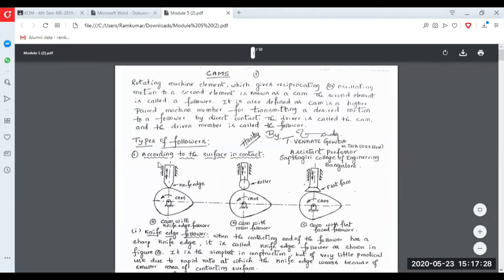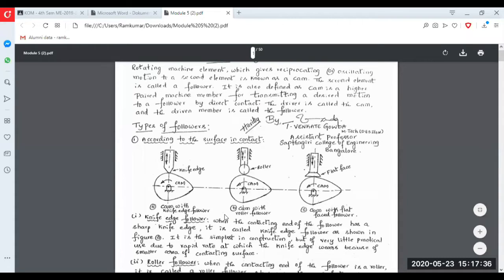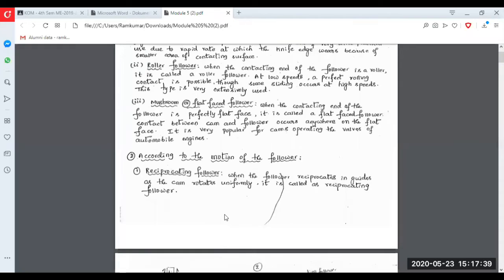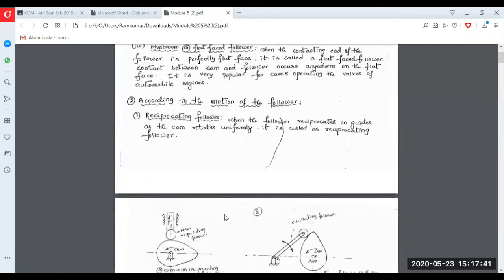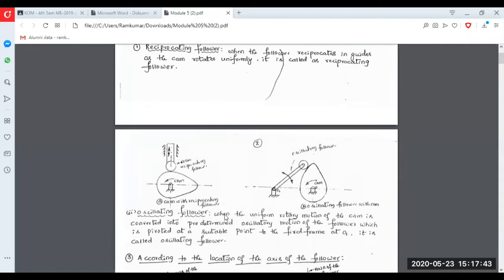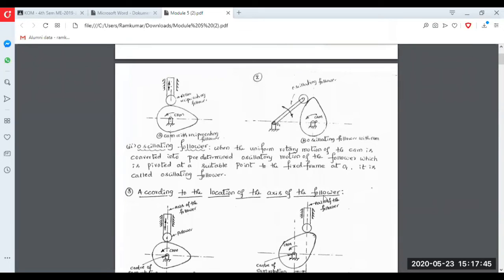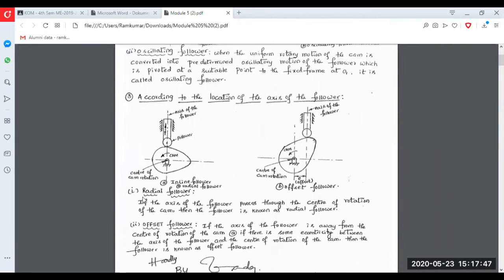According to the surface which is in contact, you can classify followers as knife edge, roller, and flat face follower. According to the motion of the follower, we can classify it as reciprocating follower and oscillating follower, and according to the location of the axis of the follower, as radial and offset follower.